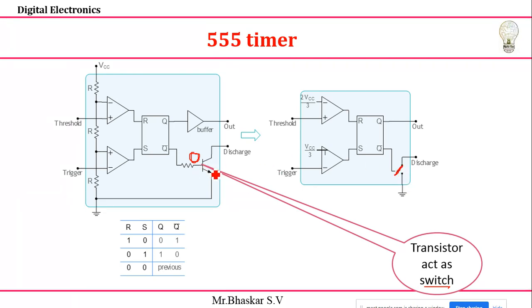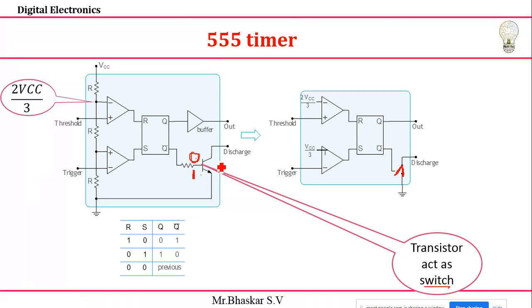If the base of the transistor is 1, then it acts as a short circuit. Initially it is an open circuit, and now with 1 it is connected, which means my discharge terminal is connected to the ground. In this way it acts as a switch. Remember, if the value is 0, the switch is open. If the value is 1, the switch is closed. In this way I am going to use this transistor in my 555 timer circuit.